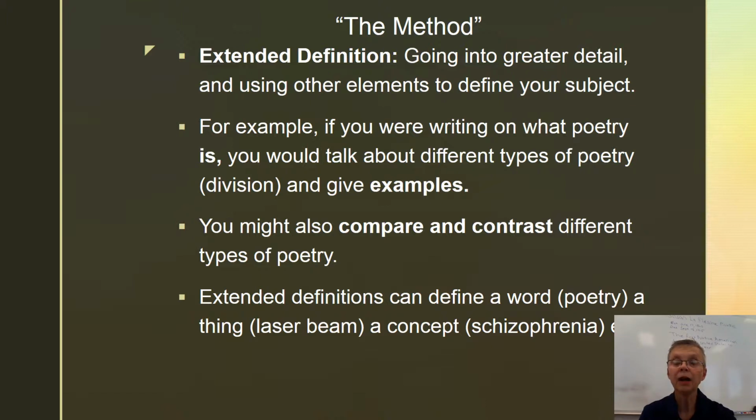That would better help you define for your reader just what poetry is. You might also want to compare and contrast different types of poetry. Extended definitions can define a word, such as poetry, or a thing, like a laser beam, or a concept, like schizophrenia.